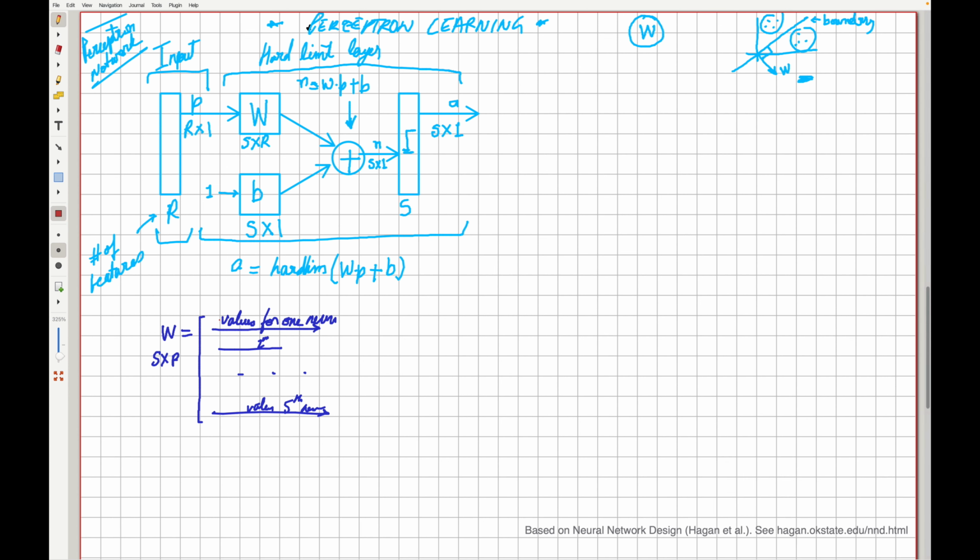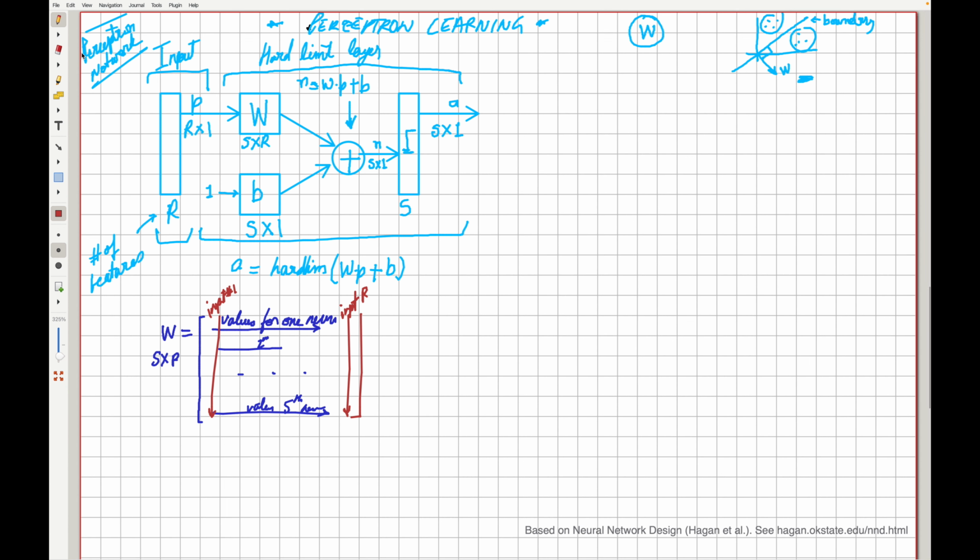If we look down like this, the first column is going to represent the input 1. So this is simply input number 1 that goes to each of these neurons, and likewise the last one is going to be the input R that is connected to all of these neurons that we have.